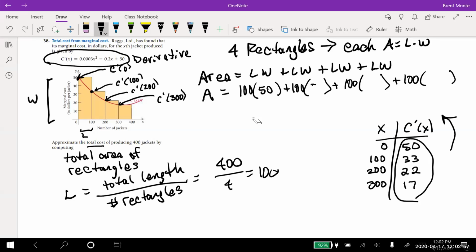My second one was 33. My third one was 22, and my fourth one was 17. So in my calculator, I'm using that shortcut. I'm going 50 plus 33 plus 22 plus 17, and I'm going to multiply the whole thing by 100, and I get $12,200.